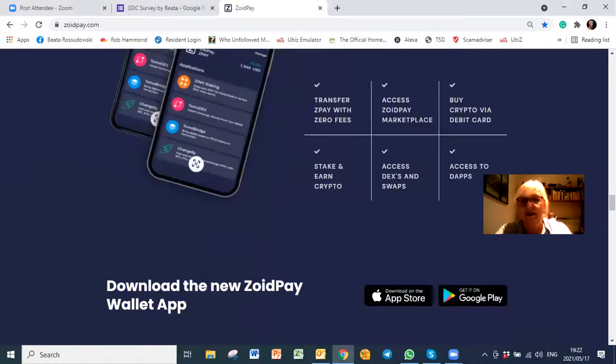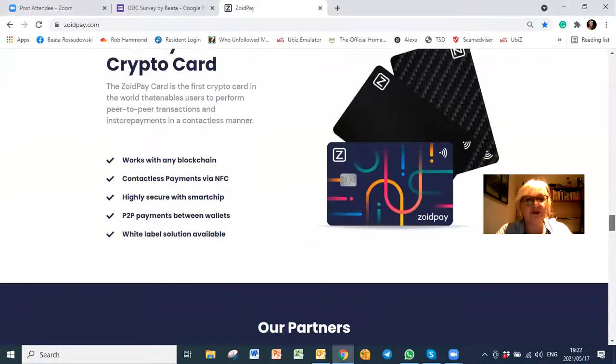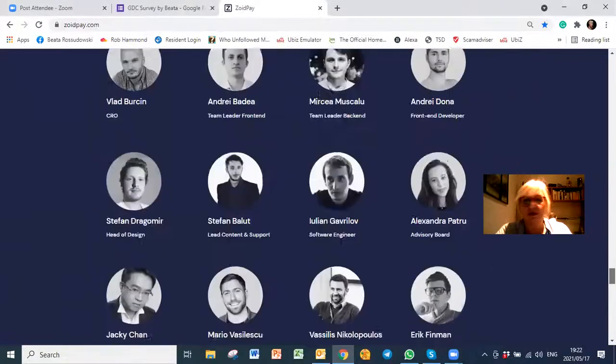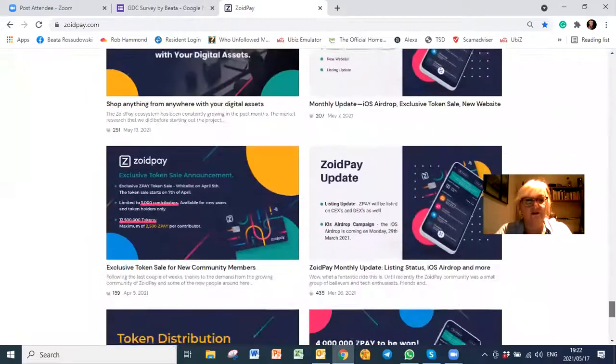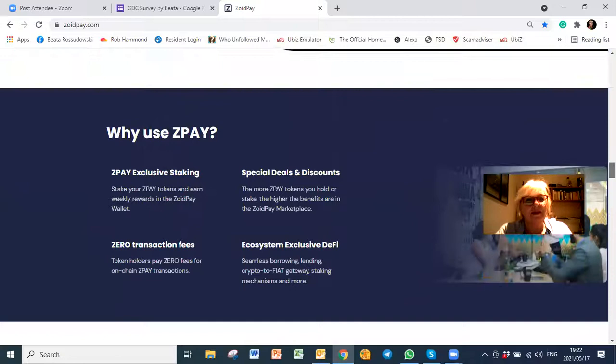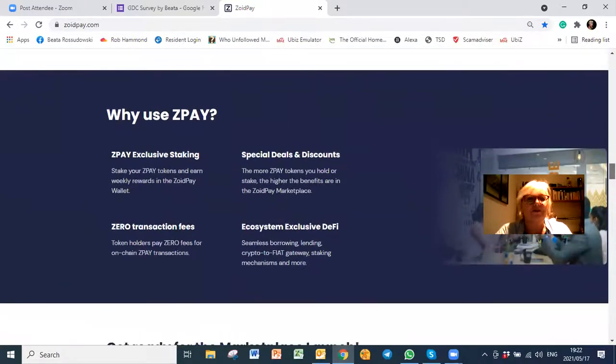Here, this is why I'm going to be sharing my screen with you again. On the actual page, excuse me while I look through this, because I've seen it earlier. There you go. Why use the ZoidPay app?